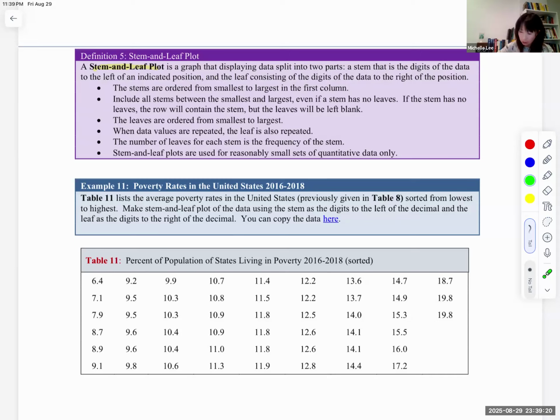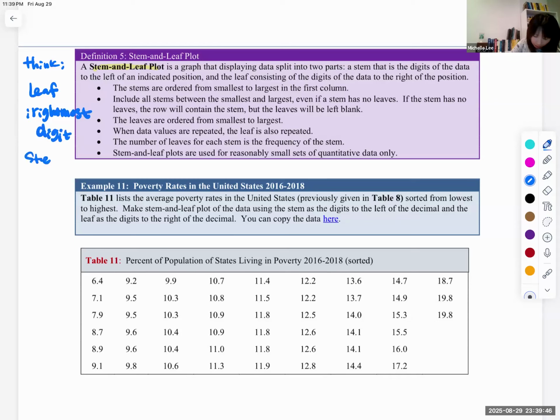Okay, let me write down. Leaf, rightmost digit, stem, the rest.